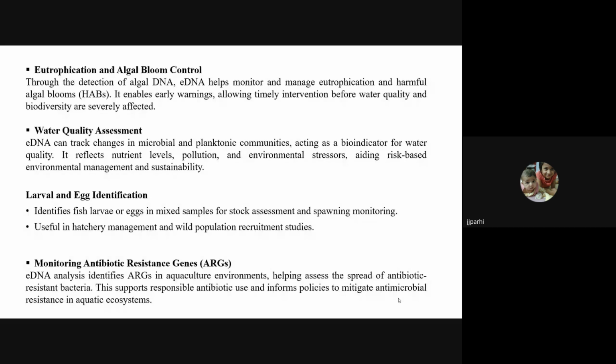So we are trying to find out, based on eDNA information, at which location we are getting the larvae, and when. The breeding season may be 4 or 5 months, but at a particular time when it is breeding, you get the larvae at different locations of a particular targeted region.